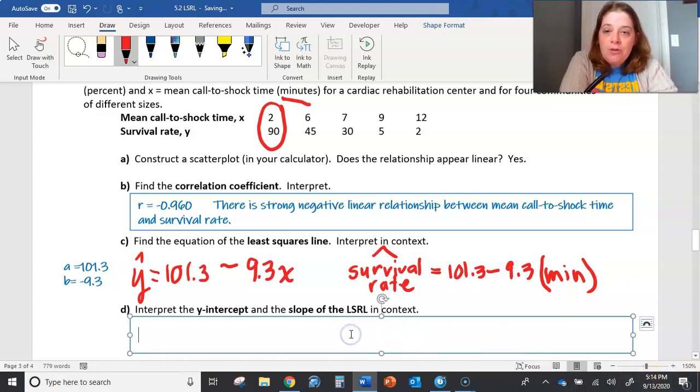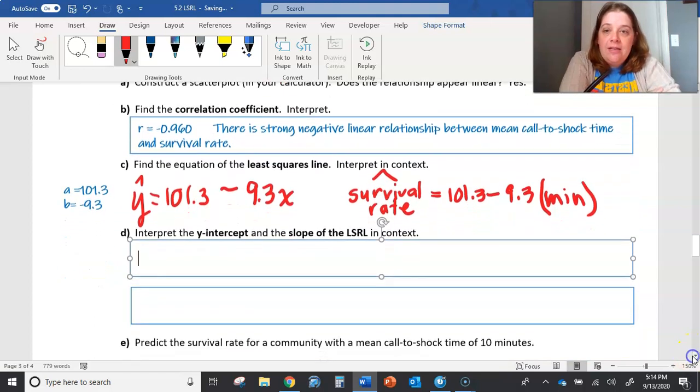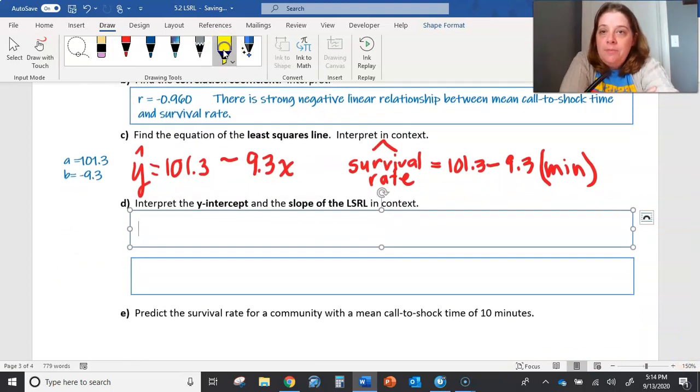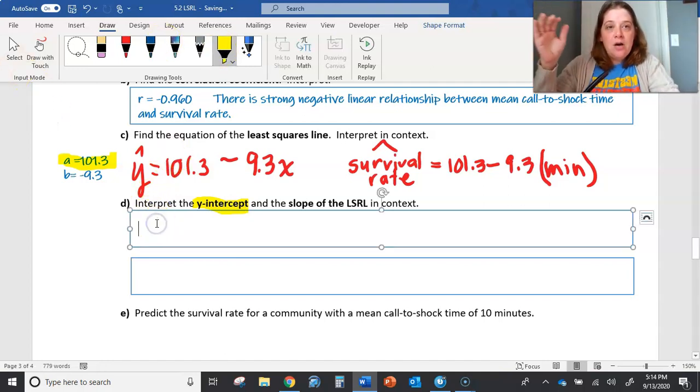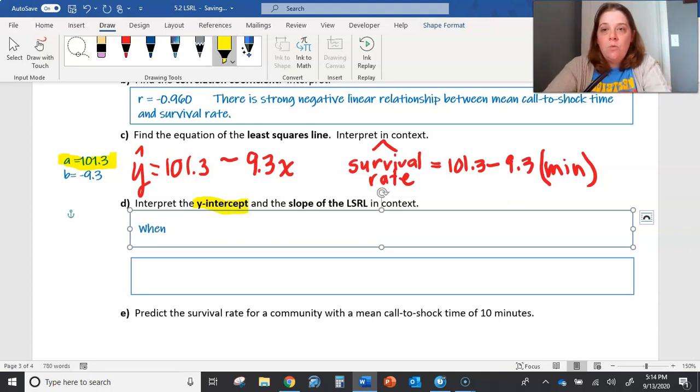It says interpret the y-intercept and the slope of the least squares regression line in context. Okay, so here is my y-intercept. Remember, the A is the y-intercept here. And the y-intercept is the value of y when x equals 0. So let's think about that in context. When x equals 0, so what was x again? X was minutes.